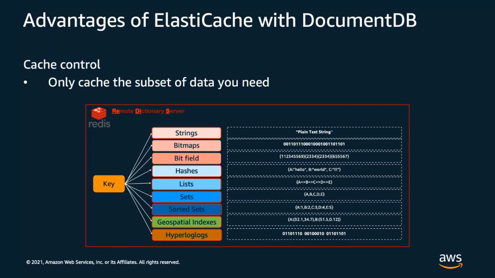You only cache the subset of data that you need. So instead of caching the entire document, ElastiCache gives you the ability to fine-tune the data that's being returned. So if you have a subset of hot data, such as content that's suddenly really popular, you can improve your customer experience by only returning that smaller subset of data quicker than you would return a larger data set.